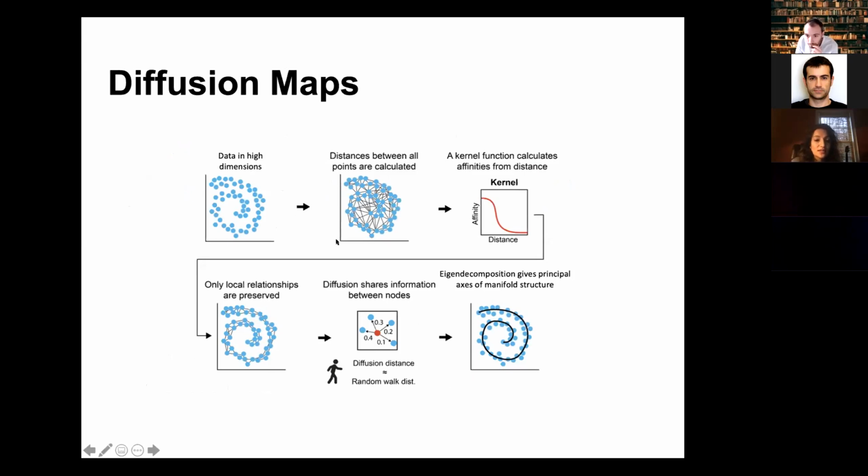So in computing a diffusion map, you go from the data. Here, the data is in 2 dimensions. You compute the distance matrix, which is pairwise distances between all points. Now you turn the distance into an affinity, so you start to get affinities that drop off quickly. So your strong connections kind of go along the shape of the data. And you could already eigendecompose this matrix and get some kind of kernel PCA.